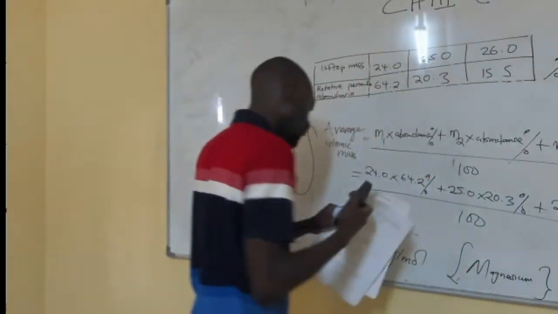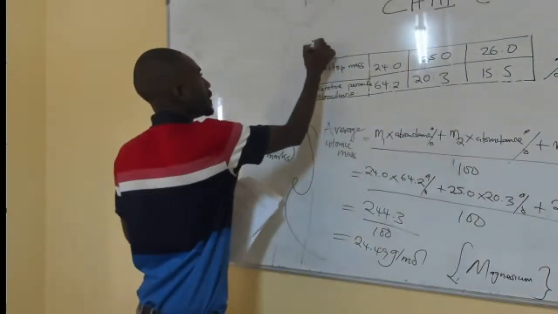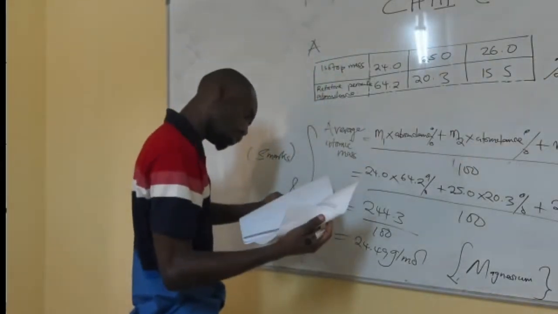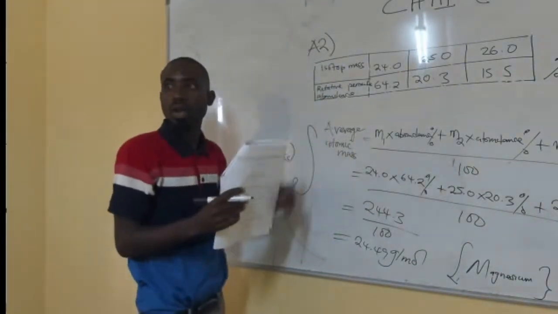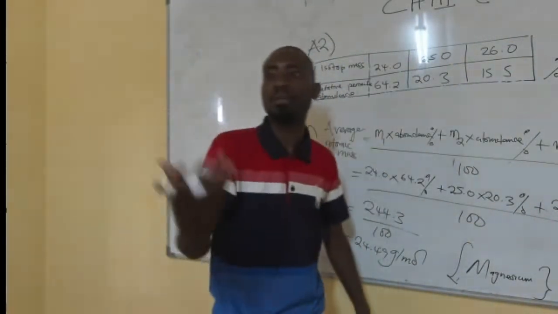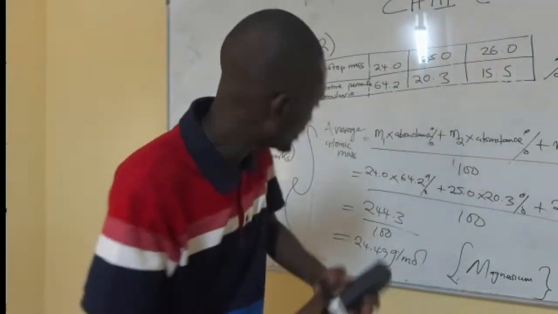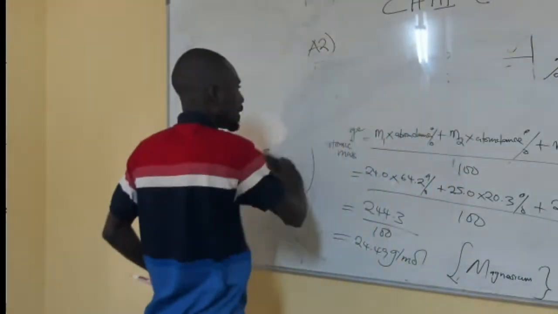So we are going to look at A3. This one was A2, yeah. Okay, we'll go now to A3. So A3 we'll see and we'll appreciate what would have transpired. Then you'll be able to get it from there.